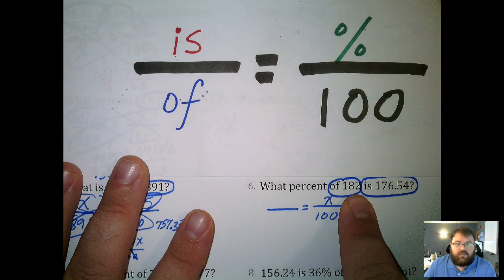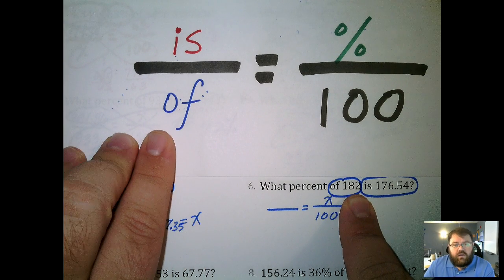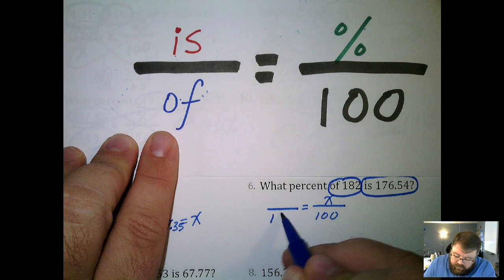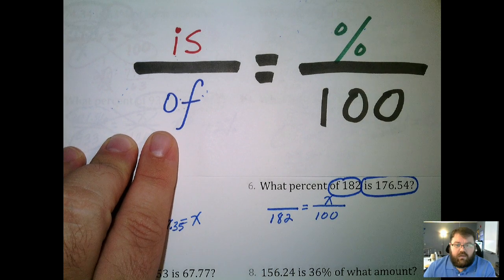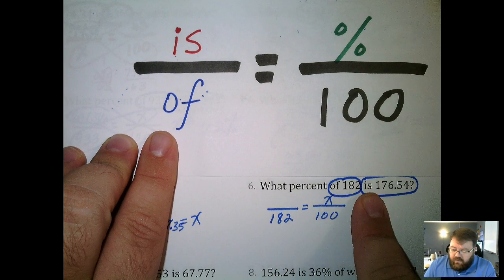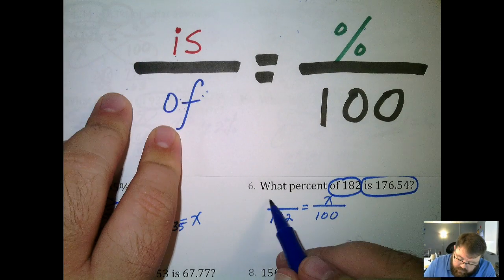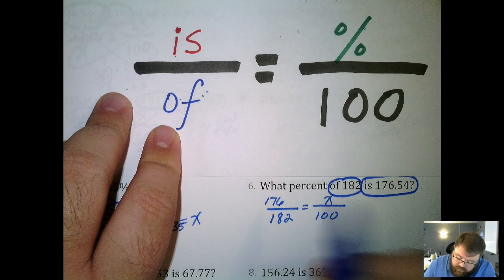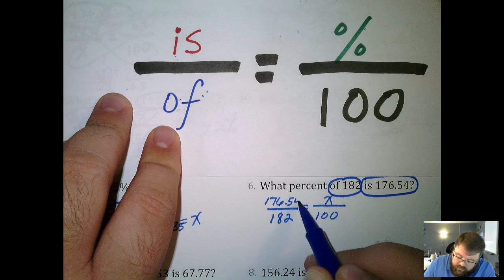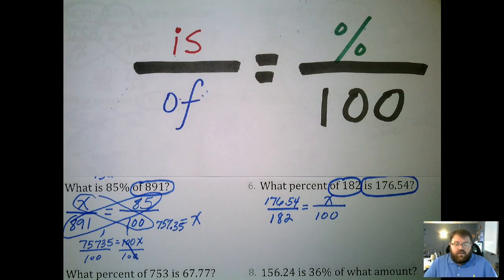Of 182, look at your percent equation. Of goes in the denominator. Is goes in the numerator. So 176.54. Okay, what I want you to do now is I want you to pause the video and answer the question.